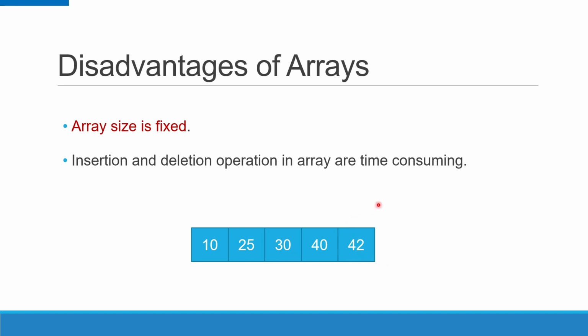You have to move this 42 to the next position, 40 to the next position, 30 to the next position, and at the place of 30 you insert a new element like 35 or 45. Likewise, for the deletion operation you have to shift left. If you want to delete this 40, you can do it by shifting the next element to the prior position. So for insertion and deletion, some shifting operations are required. So it is also a time consuming process.